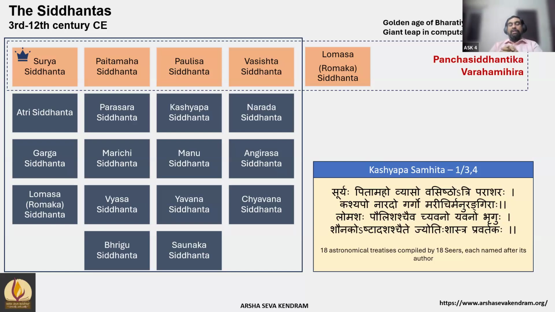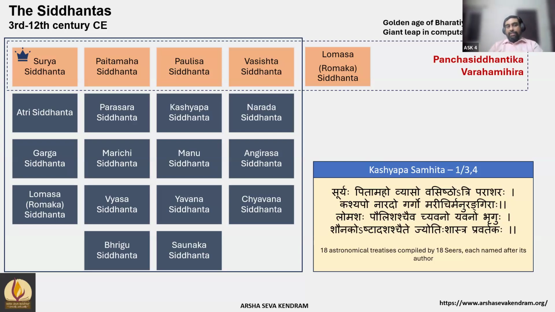It's a very foundational text that has a very complex mathematical treatment of astronomy. It includes several algebraic equations, trigonometry, and even early notions of calculus, which were formalized much later.